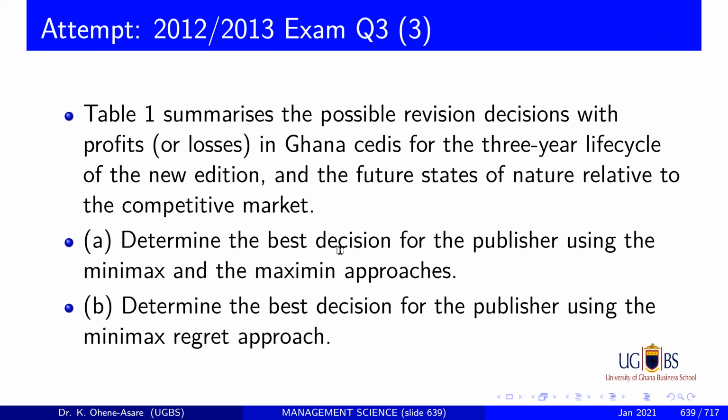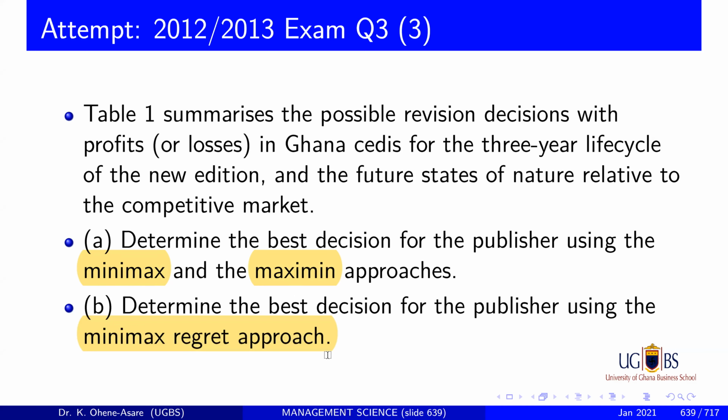Determine the best decision for the publisher using the maximax and the maximin approaches. Actually, the first word should have been maximax. Then determine the best decision using the minimax regret approach.